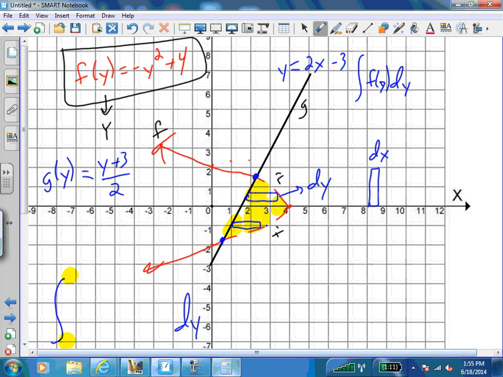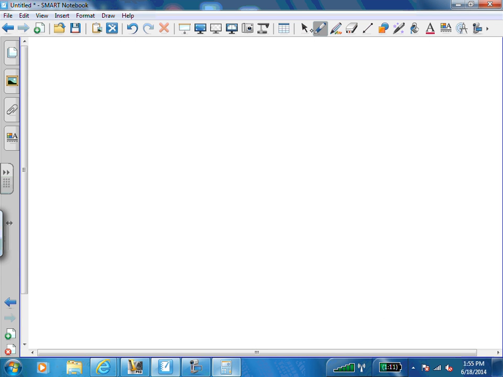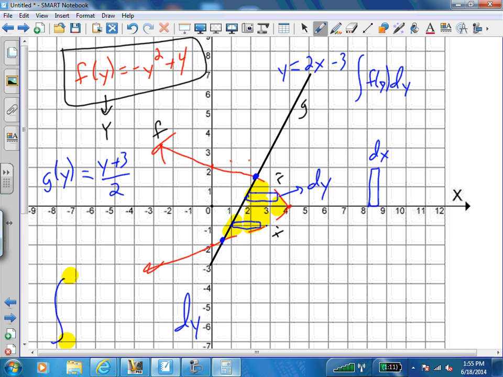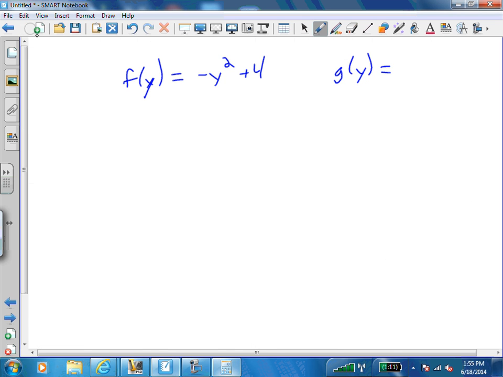Now let's come over on the other page and look at this. So for our first function, what was it? Negative y squared plus 4. For our second function, it's y plus 3 over 2. If we want to find out where those intersect, we set those equal.